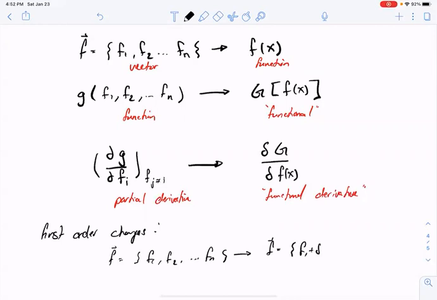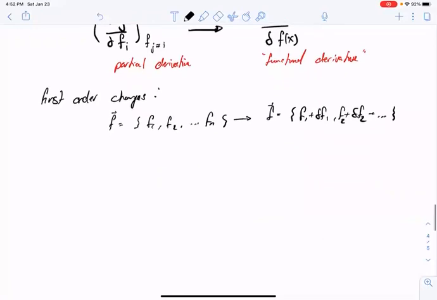If I add a little delta f1 to f1, I could similarly add a little delta f2 to f2. What would that imply for how g changes with small changes to its vectorial argument? This is the stuff of traditional vector calculus, a first order change in g due to those changes in f.